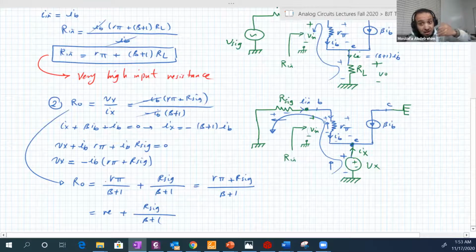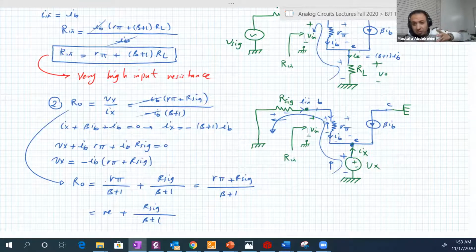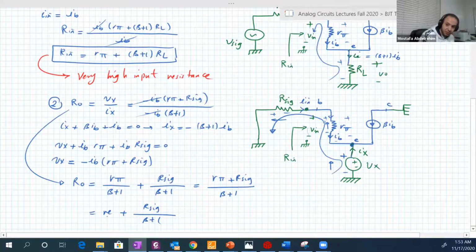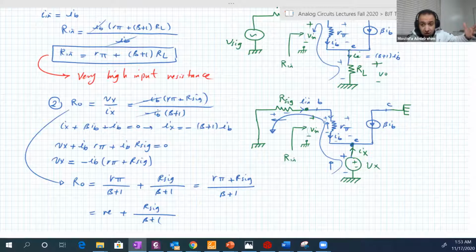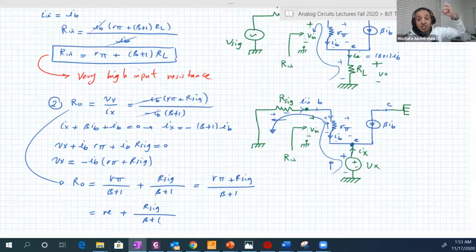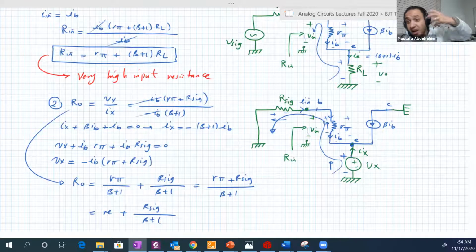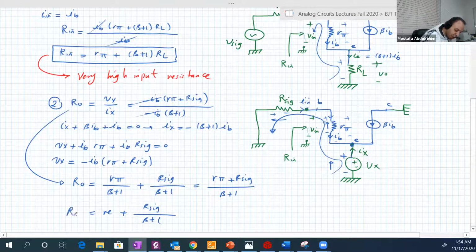If we divide it by beta, which is 100 or something, or even more, then we end up with something in ohms. Also our signal resistance may be 1 kilo, 2 kilo, even 10 kilos. Then you divide it by beta, so you attenuate or lower its value 100 times. So for that reason, RO, the output resistance of the common collector, is usually very small.